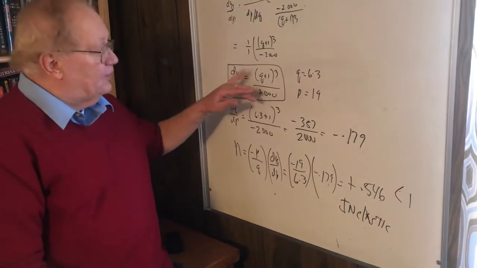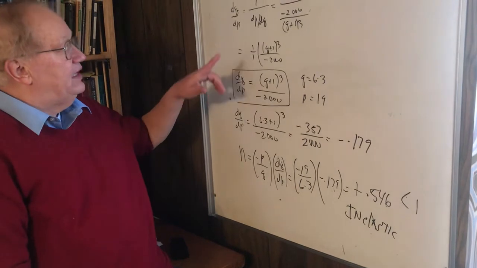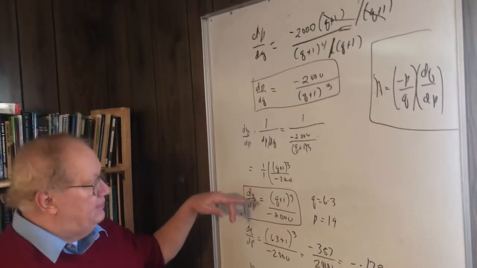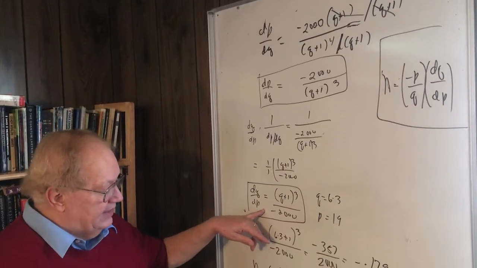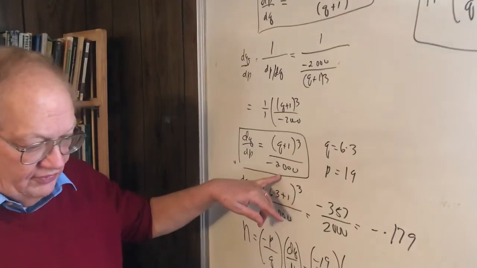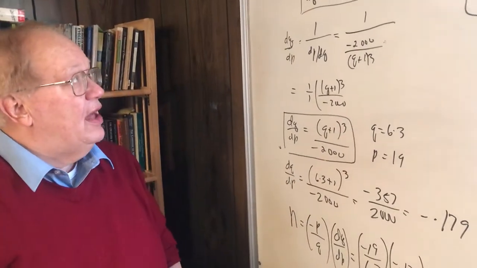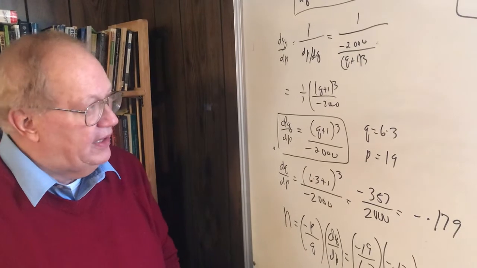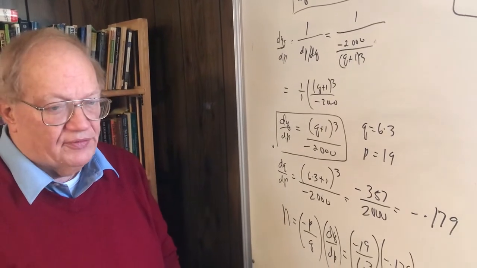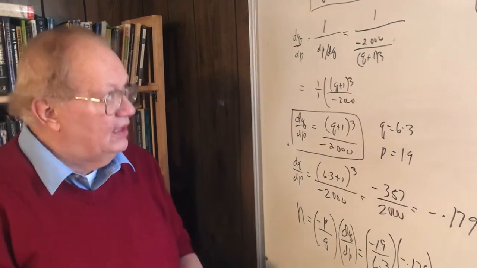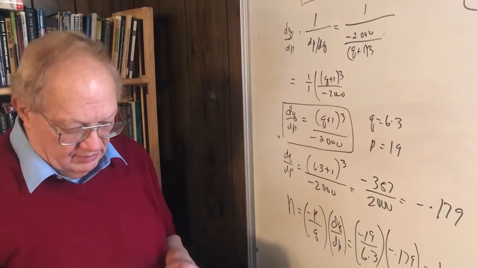We did something different here. We solved for dP/dQ and found dQ/dP by taking the reciprocal. We could have solved for dQ/dP by doing implicit differentiation and the product rule. I decided to do that this way.